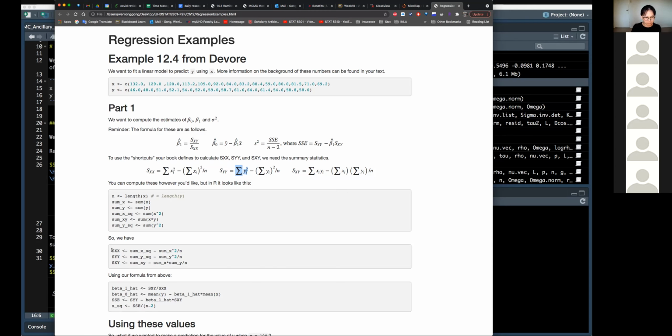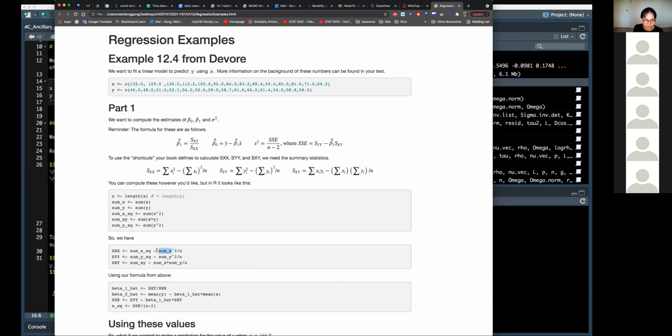Now we use these elements to do the calculation. So you plug in sum of X squared minus this sum of X. Pay attention here; I go very slowly because some of you may not know R very well and might wonder why it's written like this.